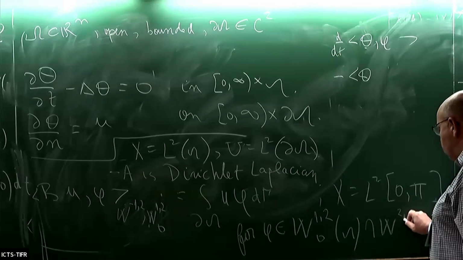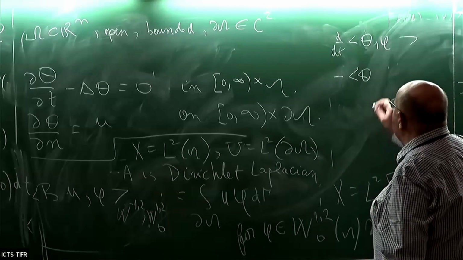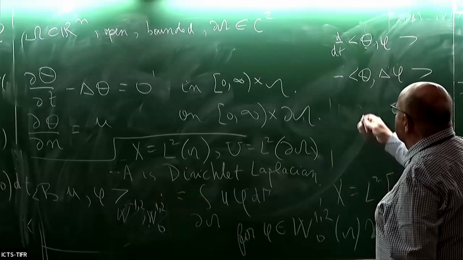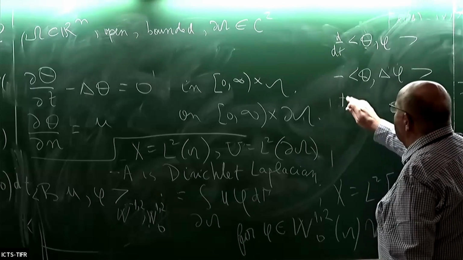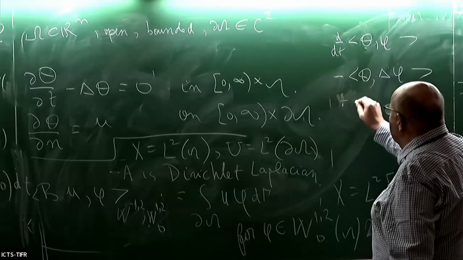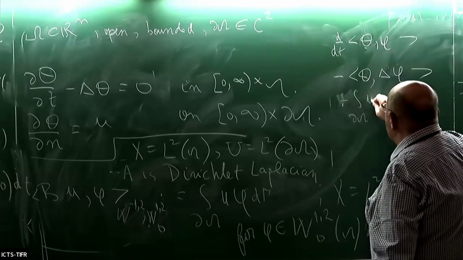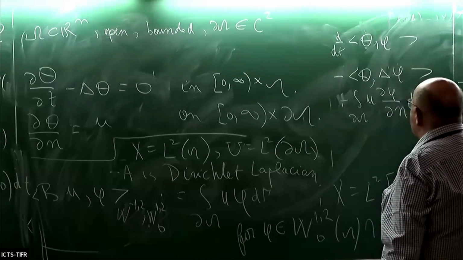So I take minus theta Laplacian phi, this is the L2 inner product, plus, or minus, the integral over the boundary of omega of u d phi over dn d gamma, no, u phi.